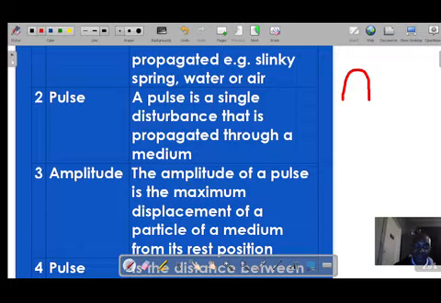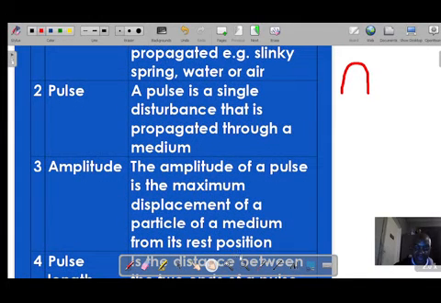The amplitude of a pulse is the maximum displacement of a particle of a medium from its rest position. Let us find it out here. Now by amplitude, I mean the distance from here up to here.